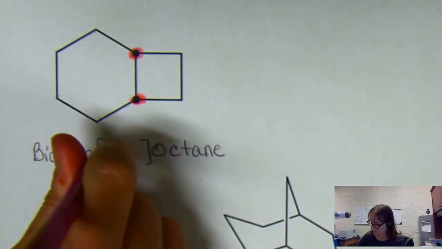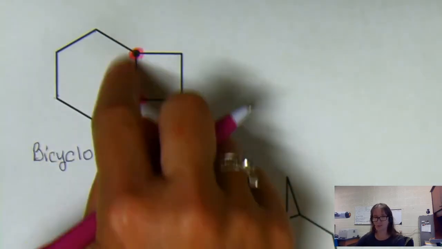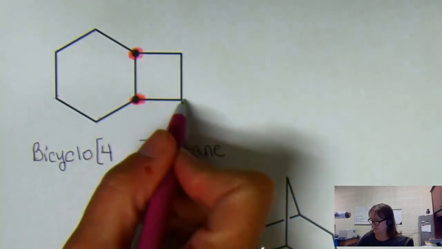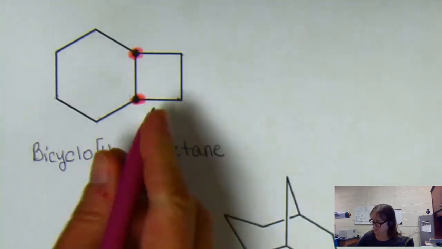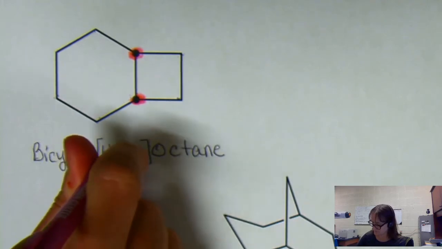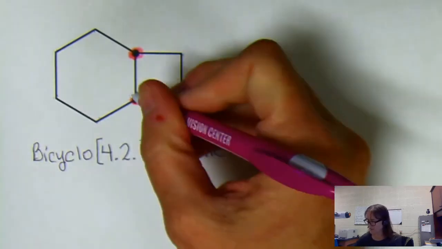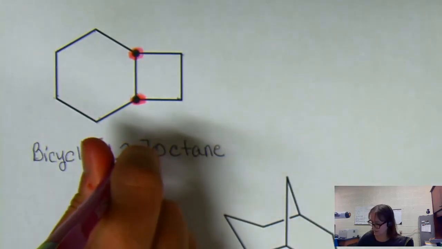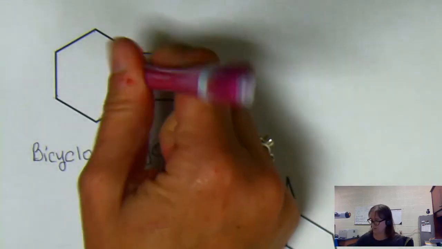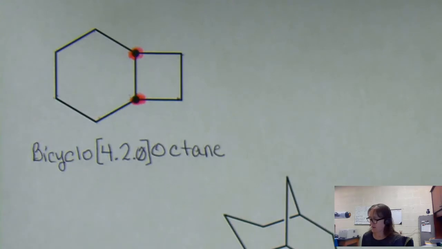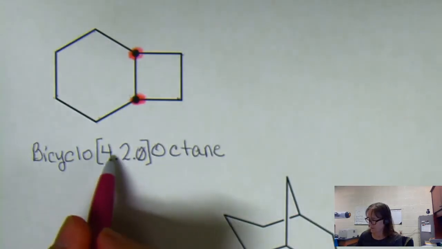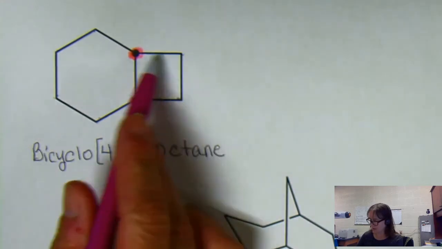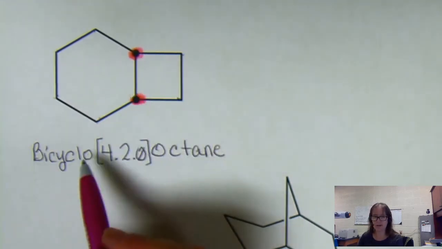There are 4 carbons between the 2 bridge carbons. If we look over here to the right, there's 1 carbon, 2 carbons. And then if we look at this connection between the two, there are no carbons between this bridge. So there's 4 in one direction, 2 in another direction, and 0 in another.